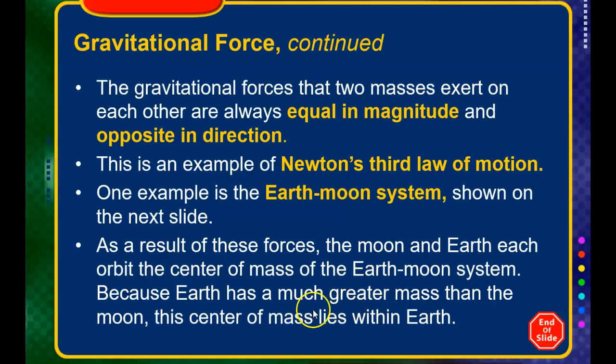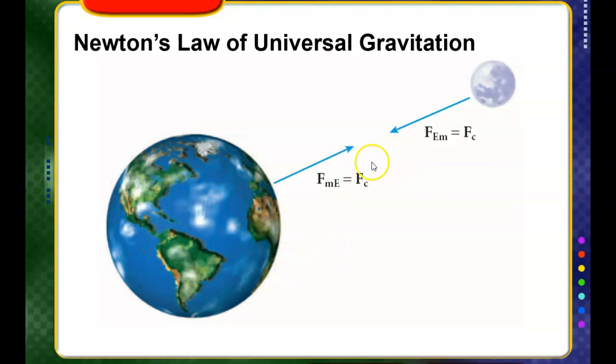Because Earth has a much greater mass than the moon, the center of mass actually lies within the Earth, but they orbit around that main point. The force acting on the moon from the Earth is equal to the force acting on the Earth from the moon. They're equal and opposite forces.